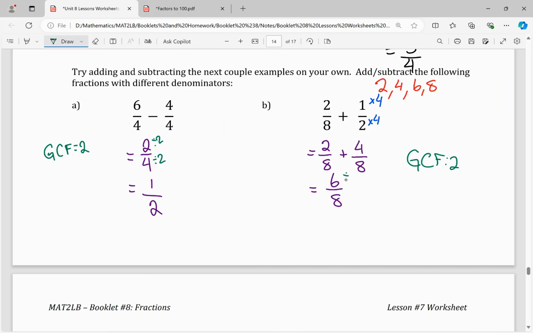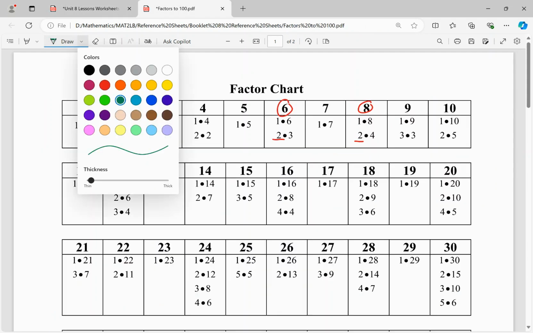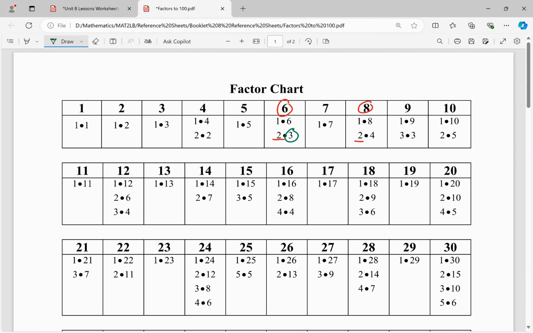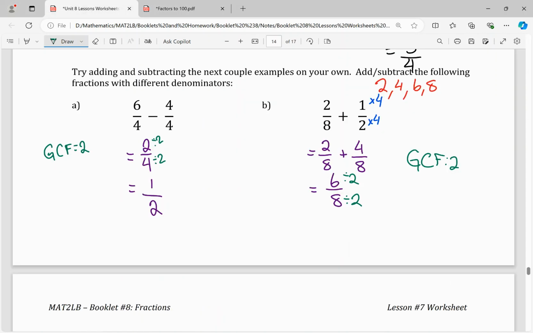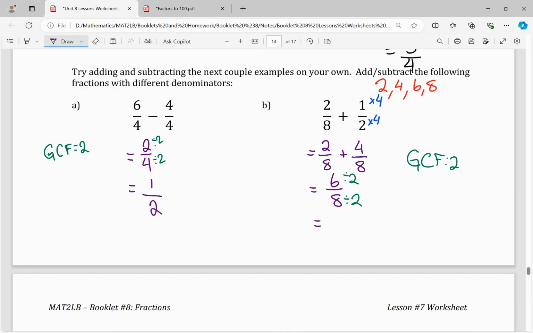So I divide the top number by 2 and the bottom number by 2. Remember, if you struggle with division, you can use the factor chart to help you. 6 divided by 2 is equal to 3, and 8 divided by 2 is equal to 4. You just take the other number in that pair that has your GCF. So 6 divided by 2 gives me 3. 8 divided by 2 gives me 4, and my final answer is 3 over 4.